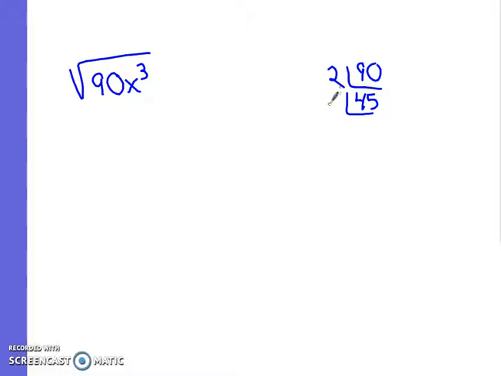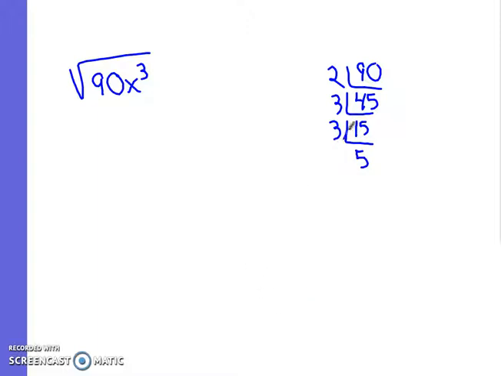So what about having square root of 90 x to the 3rd power? Well, let's break down the 90 first. 90 divides by 2, you get 45. Can't divide by 2 anymore, but you can divide by 3, you get 15. Divide by 3 again, you get 5.